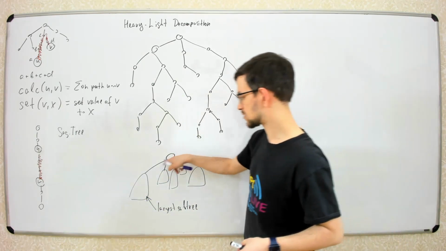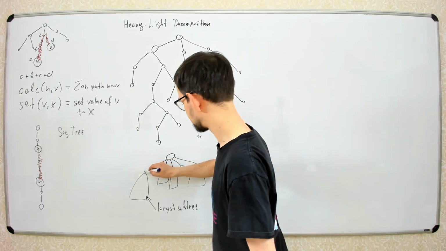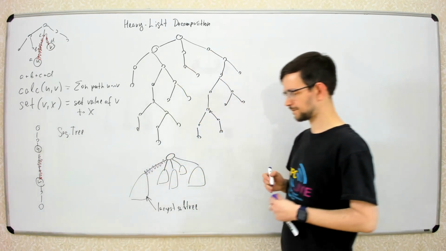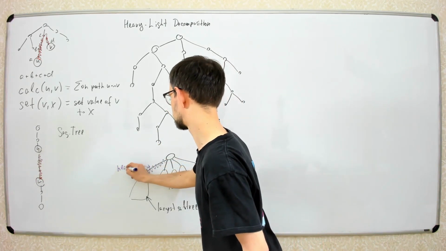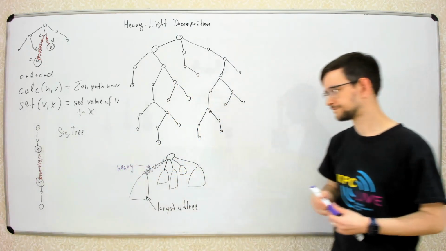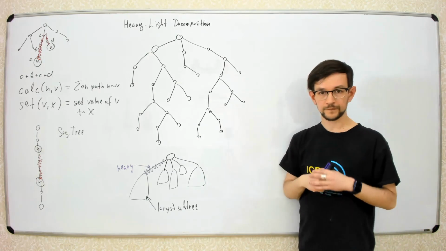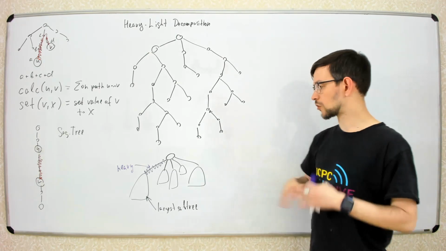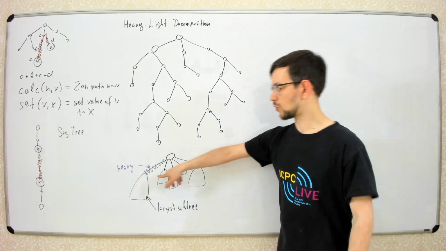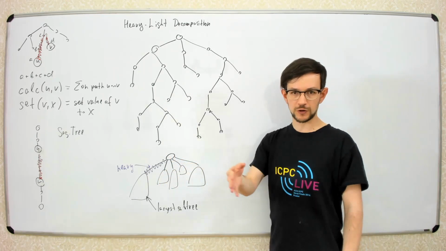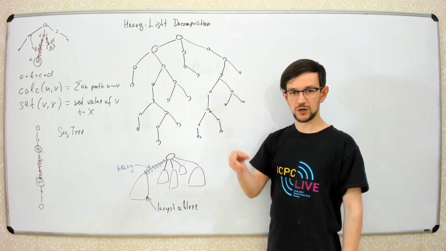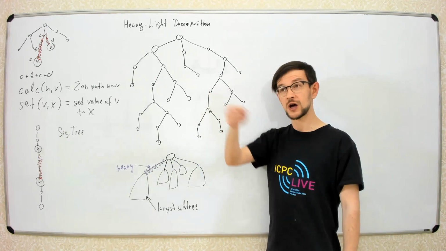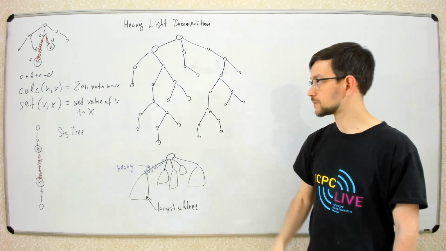So this one edge will be the heavy edge. That's the whole plan. So for each node, we'll do the following. We'll calculate the size of all subtrees of its children, and then take the largest one and say that this edge, the edge to the largest child, is the heavy edge.